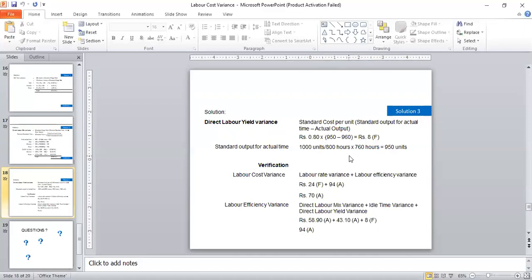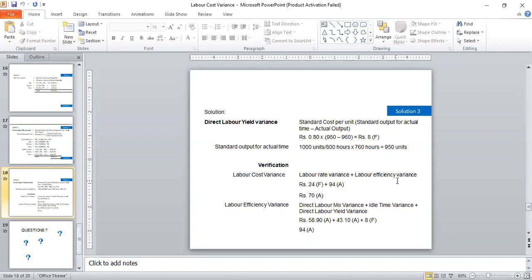Now we are going to verify all these. The labor cost variance is equal to labor rate variance plus labor efficiency variance. Rupees 24 favorable is the labor rate variance and rupees 94 adverse is the labor efficiency variance, and total labor cost variance is equal to rupees 70 adverse.